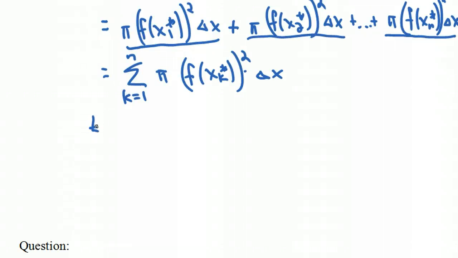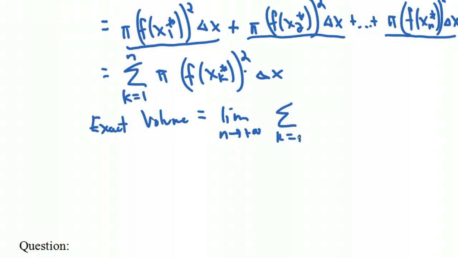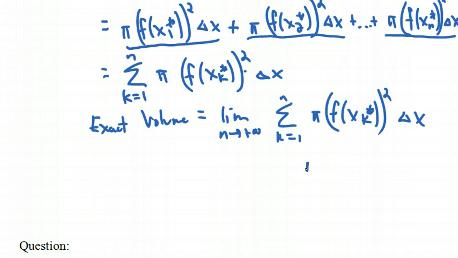So the exact volume is going to be the limit as n goes to infinity of the sum from k equals 1 to n of pi times f of x sub k star squared times delta x. Now just like before, if you remember from the previous video on the definition of the definite integral, this limit of a sum becomes an integral, the integral from a to b.